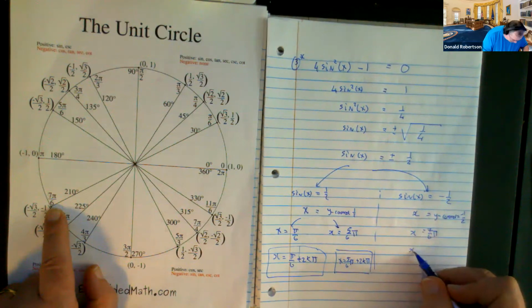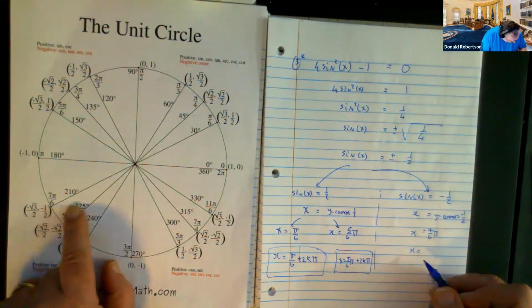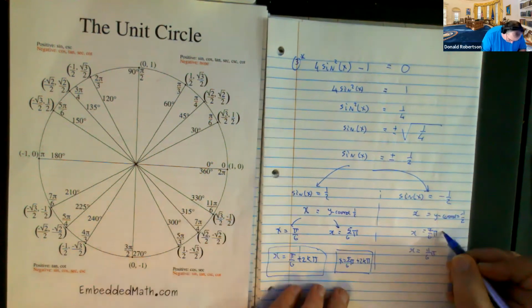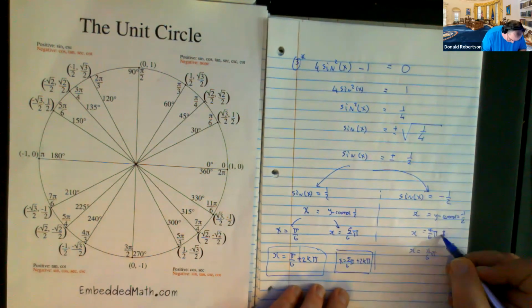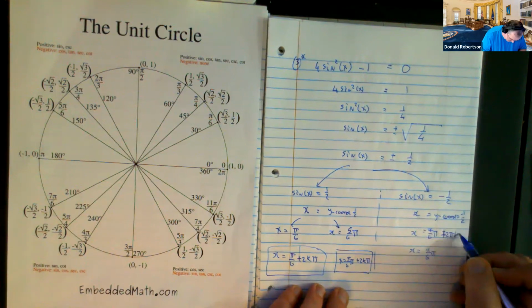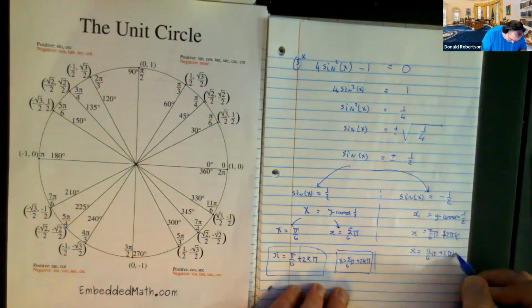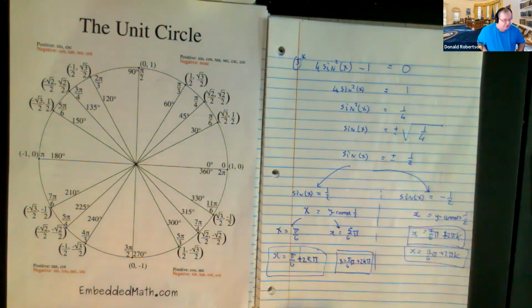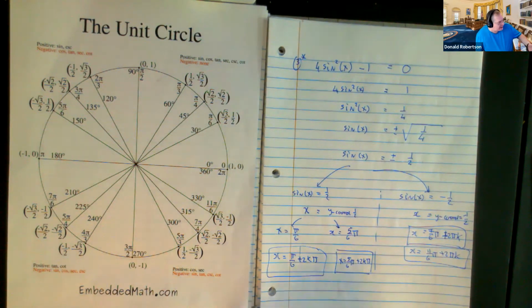And the other place would be 11/6 pi. And in both of those, can I also add the 2 pi k thing? Have you noticed that there's a kind of theme right now where when you get an answer, you just add 2 pi k to it?